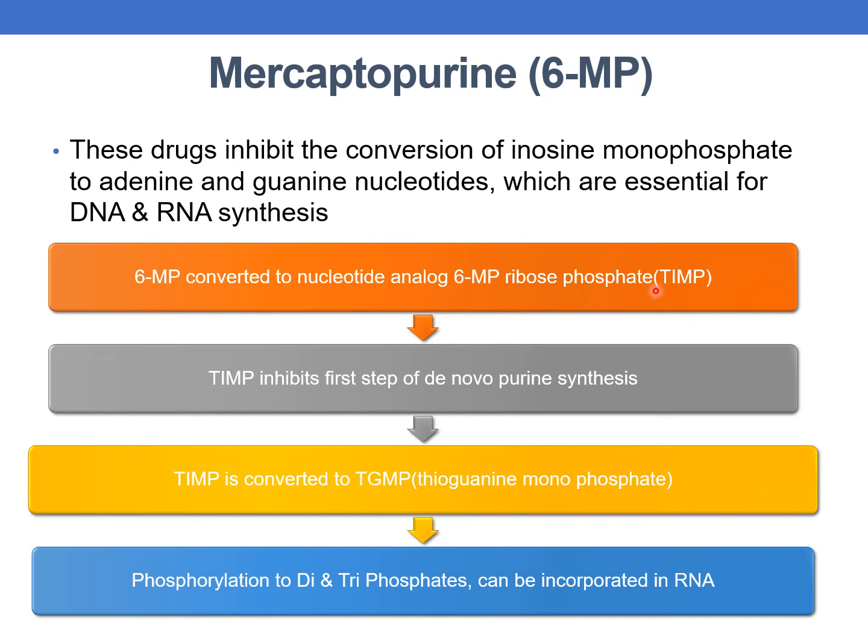Mercaptopurine is converted to TIMP, thioinosine monophosphate, and this thioinosine monophosphate inhibits the first step of de novo purine synthesis. Thioinosine monophosphate is converted to thioguanine monophosphate, and phosphorylation of this TGMP occurs, resulting in the formation of thioguanine di and triphosphate, and these are incorporated into RNA, thereby halting the synthesis of RNA.